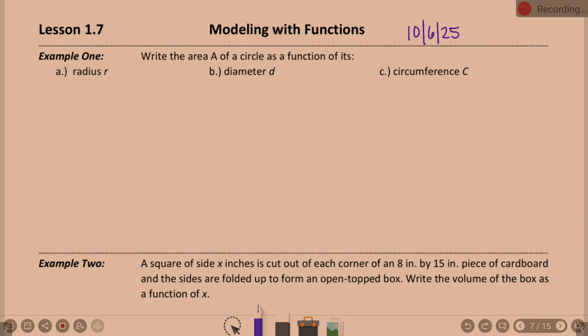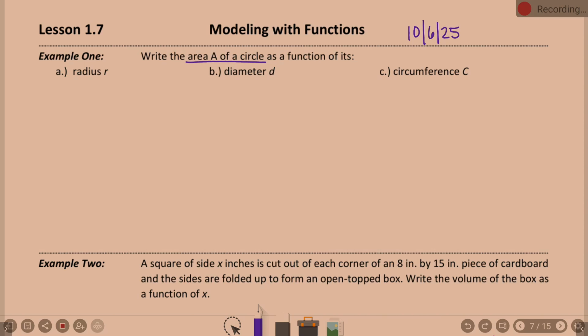In example 1, they're going to ask us to write the area of a circle as a function of its radius, then its diameter, then its circumference. We'll write the area formula in 3 different ways. As a function of its radius means r is your variable in the formula.